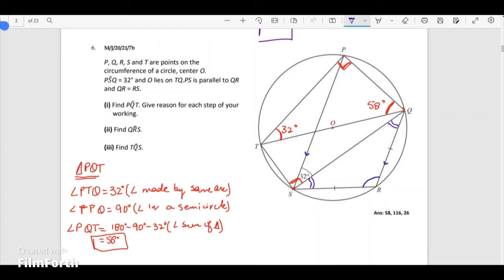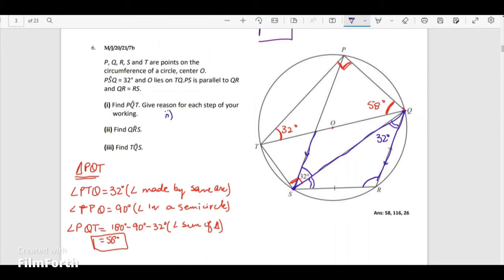These are parallel lines, and this QS is a transversal. You can see that this is a Z angle forming. So if this is 32, this would be 32 degrees as well.